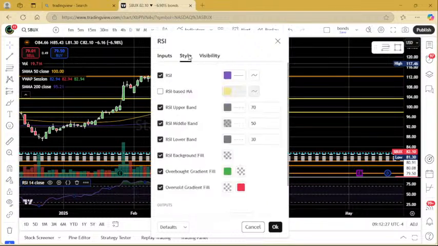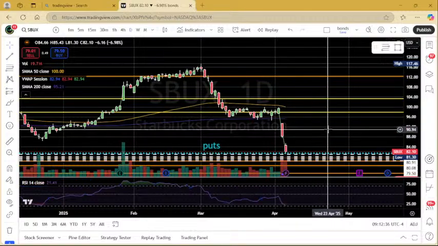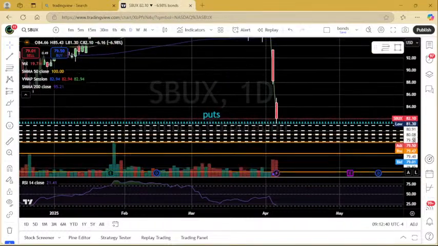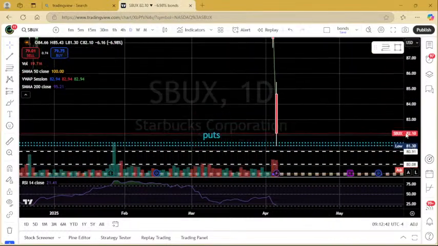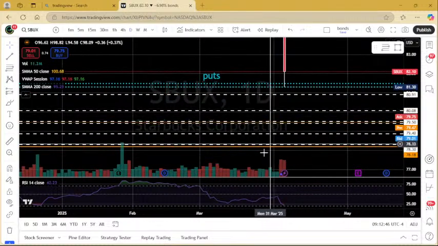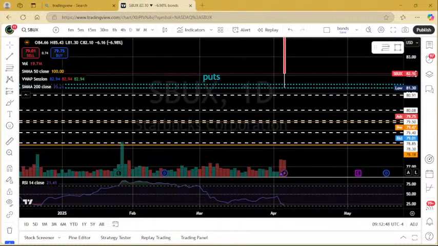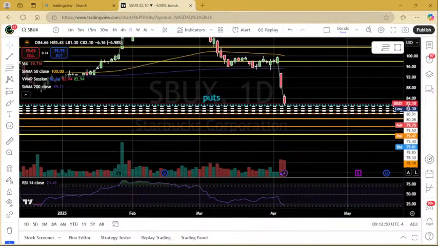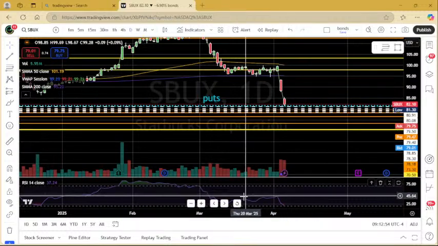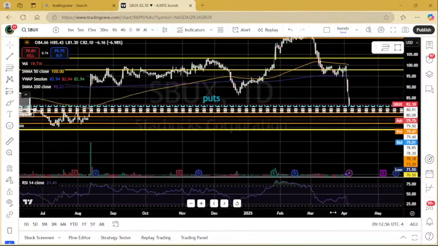All these little lines is levels that I was trading when price was at this level last time. You see that? All these levels, so price is back down. It's been dropping. Like last week, it was over $100. Now it's at 79 in the pre-market.